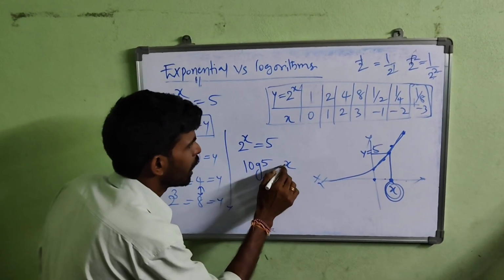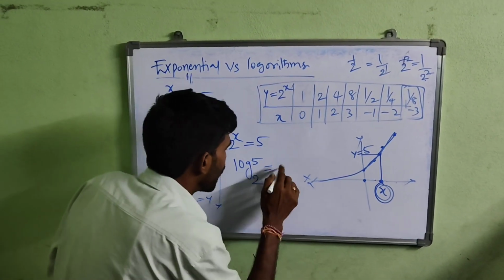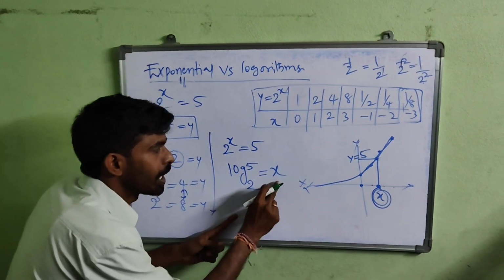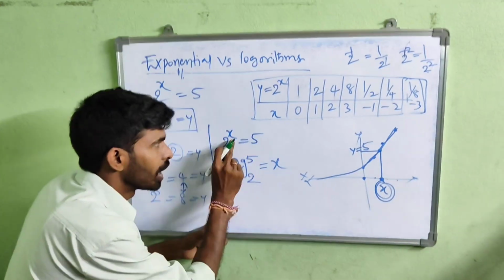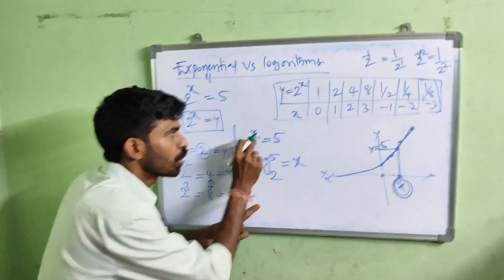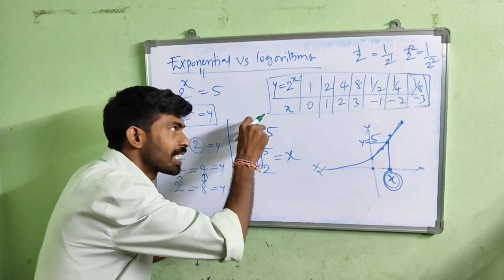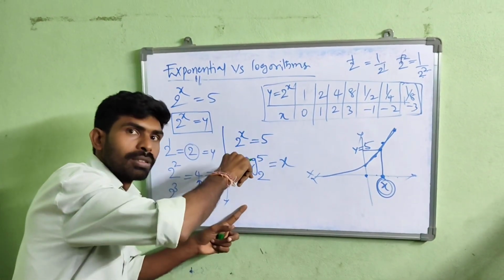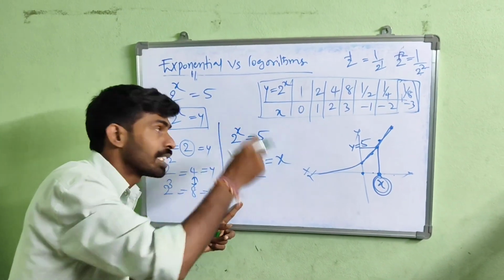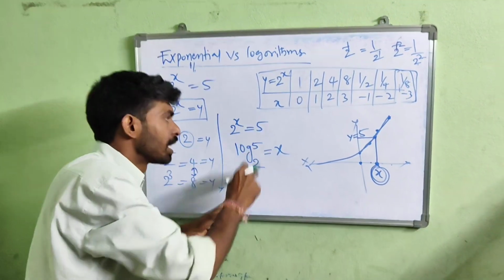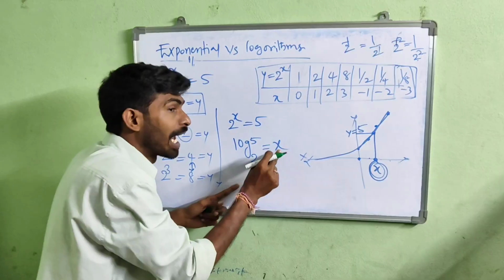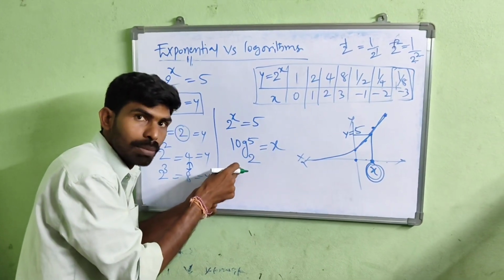We need to find what the x value is. If I take 2 power what x, we will get 5. We need to find the x value by using logarithms.